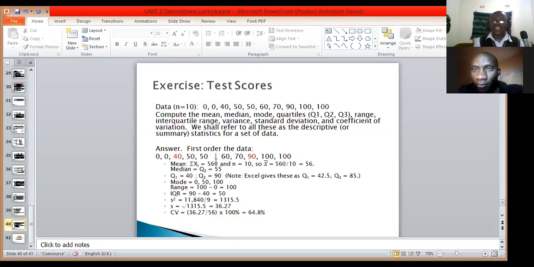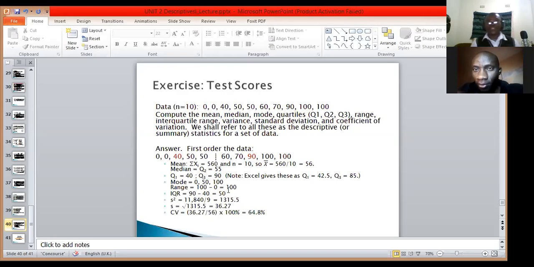We want to break this data into 4 parts. The first part is cutting where the 40 is. The second part is cutting here. The third part is cutting here.